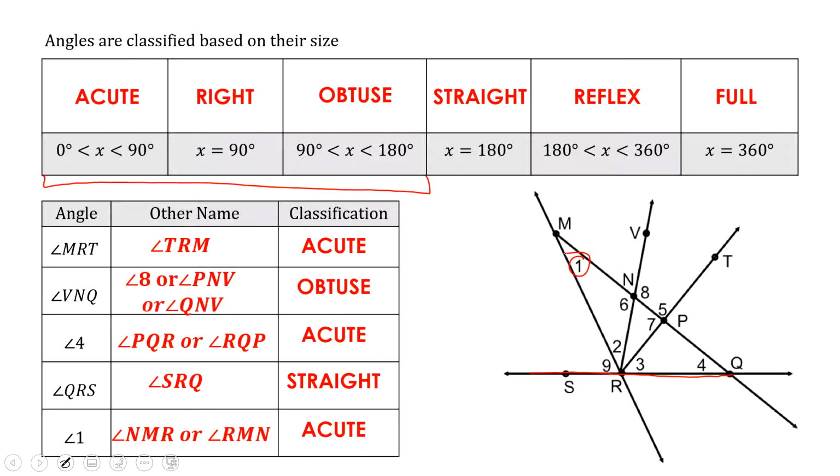The only thing you can't ever assume, even though it looks pretty good, is a right angle. No matter what you're looking at in geometry, you cannot assume that it is a right angle. Right angles will always have this little box in the corner to identify them. So if you see something that looks like a right angle in a diagram, don't assume that it is, ever. It'll only be a right angle if it has the box in the corner.